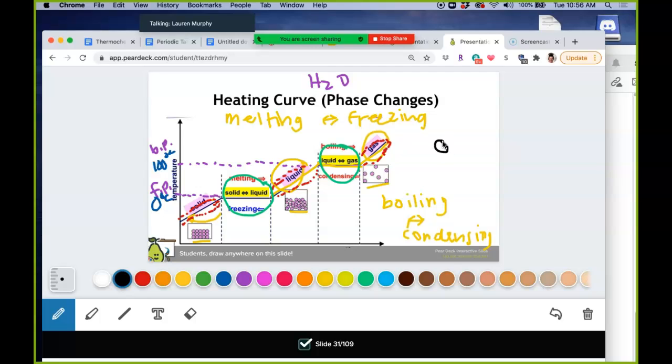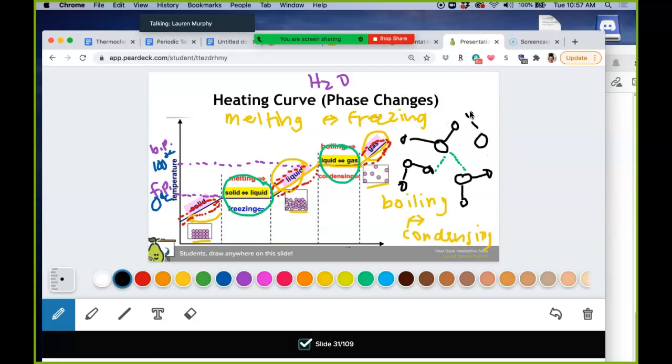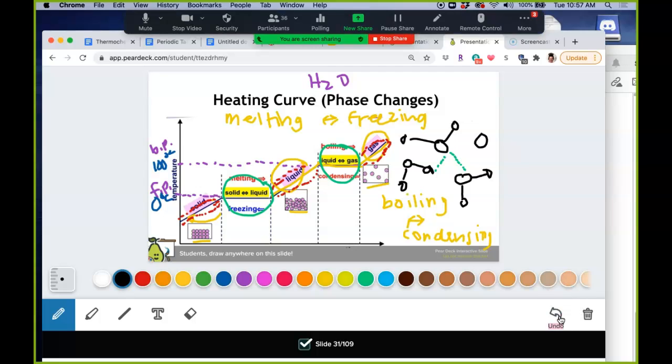I don't expect anyone to know this concept, but I'm using water as my example, right? What holds water molecules together? It's the attraction, the hydrogen bonding. Water molecules are attracted to each other through hydrogen bonding.